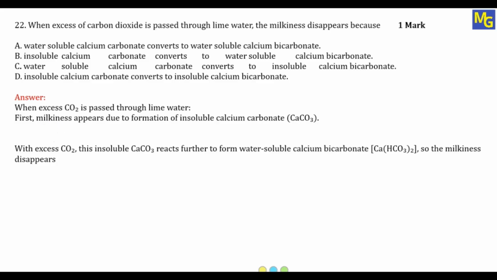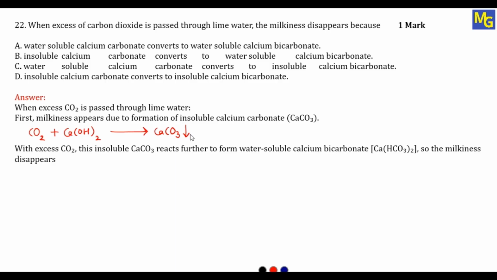water. So that can be shown by the following reaction. We have to take carbon dioxide, and this we are going to pass in lime water. Lime water means calcium hydroxide, that is Ca(OH)2. And when this CO2 is passed in this calcium hydroxide, this will form calcium carbonate, CaCO3, and this will be insoluble.